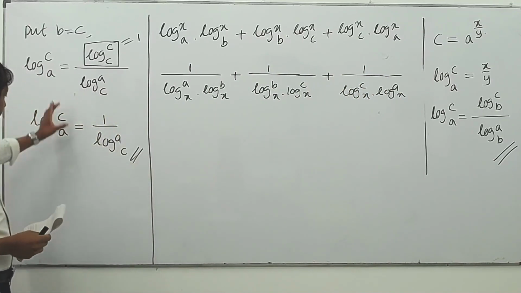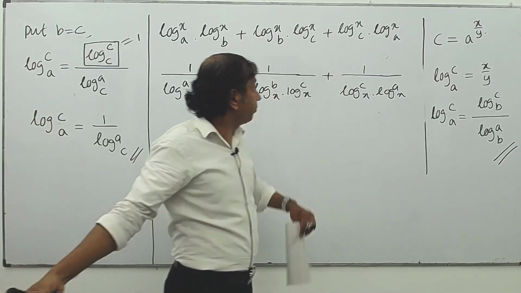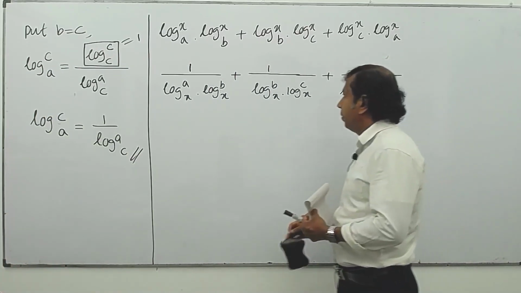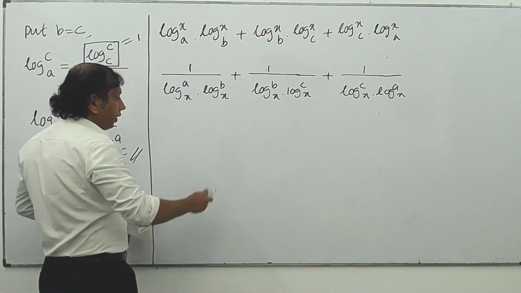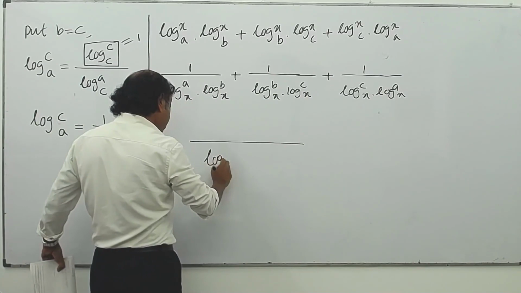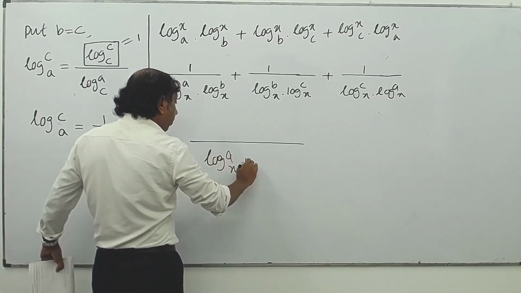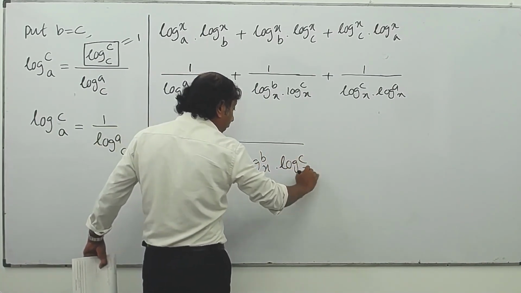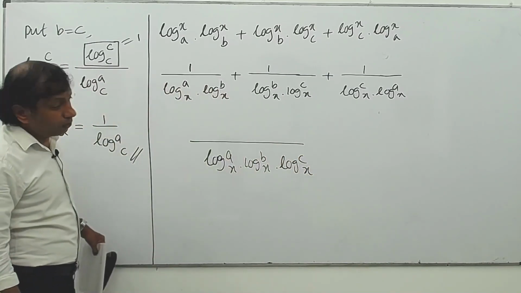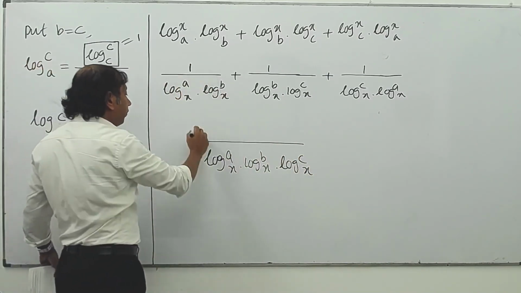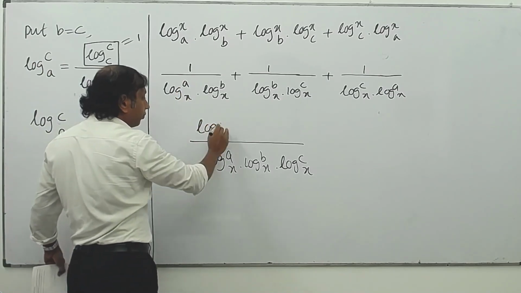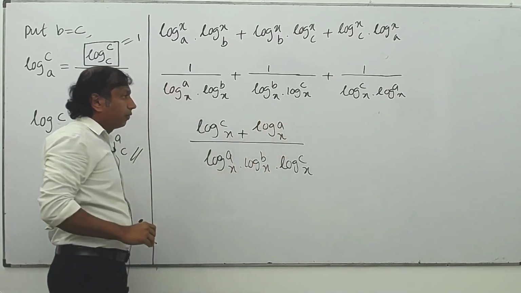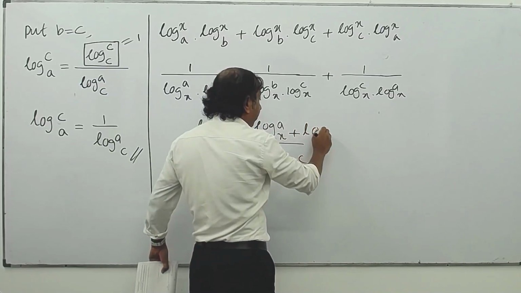Using this result, we took all these terms down. Right. Now we take common denominator here as what? Log A x, log B x into log C x. This three product we take as a common denominator. Then this place should be log C x plus this one log A x, this one log B x, right?